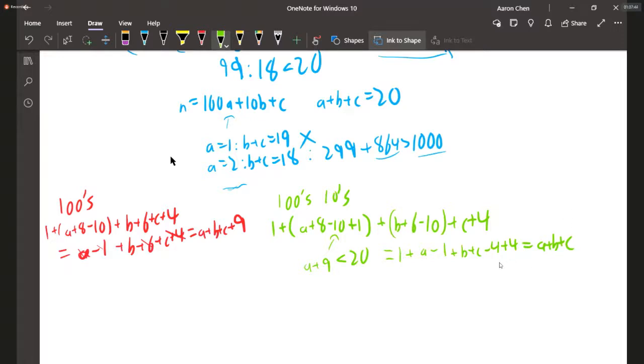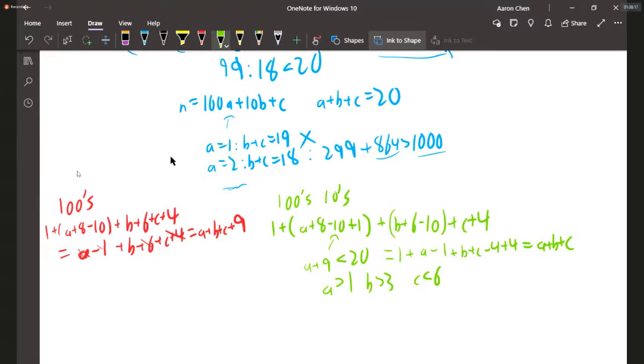And so now the restrictions on a and b: the restriction on a for it to be able to carry is just that a is greater than 1. And for b, it's b is greater than 3. And for c not to carry, c must be less than 6.